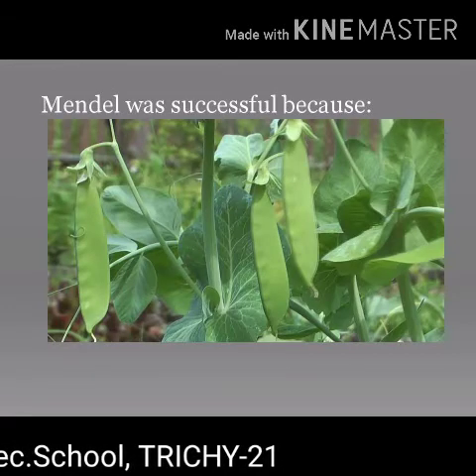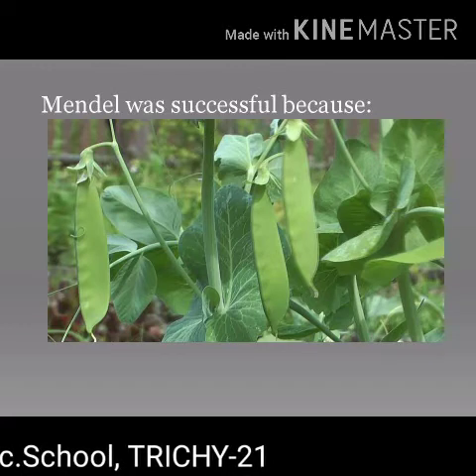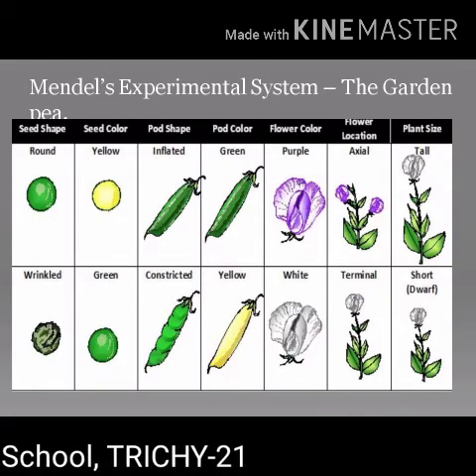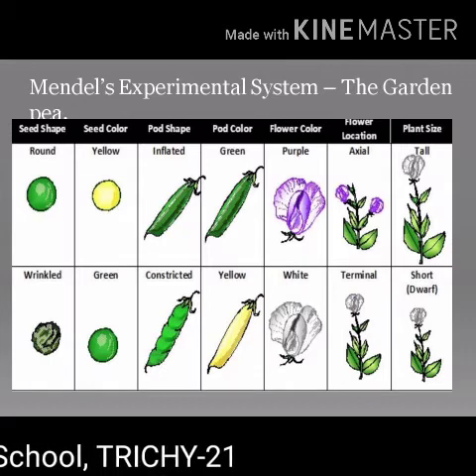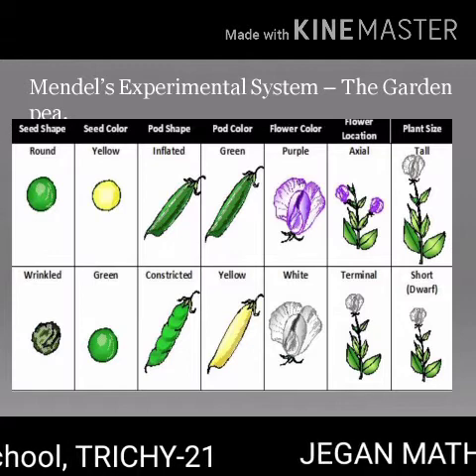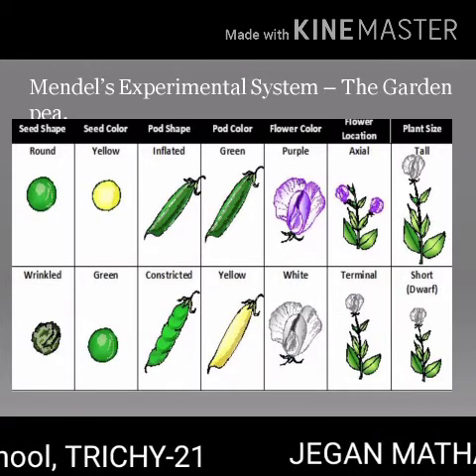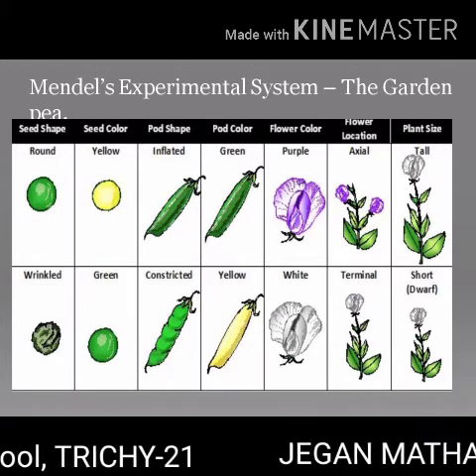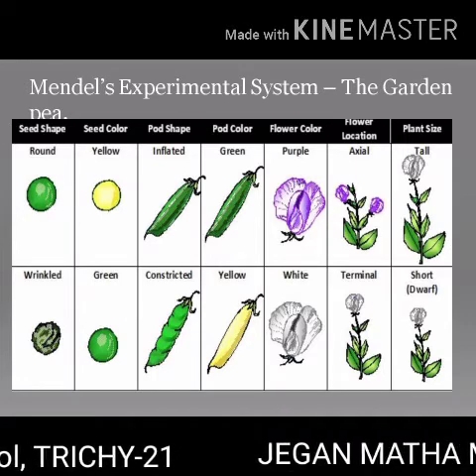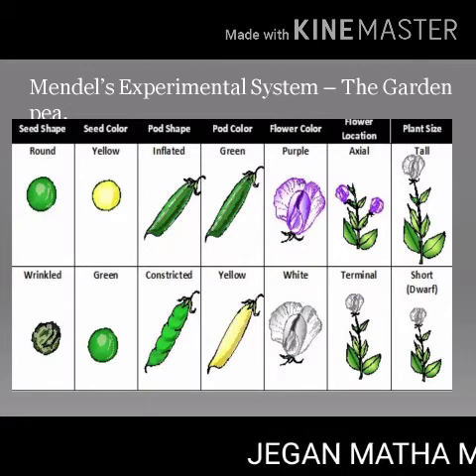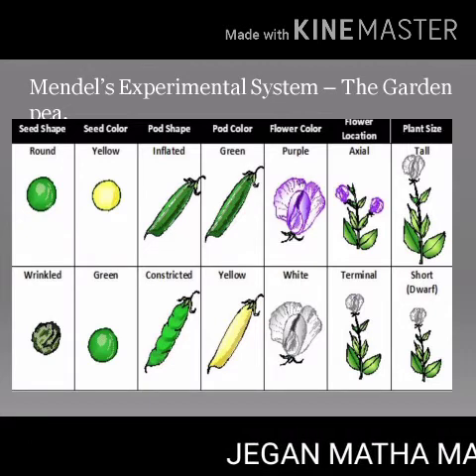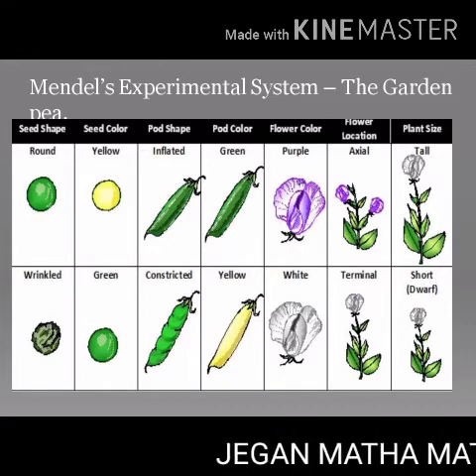Mendel's experimental system, the garden pea. He chose the pea plant because it is an annual plant and has clear contrasting characters that are controlled by a single gene separately. Self-fertilization occurred under normal condition in a garden pea plant.